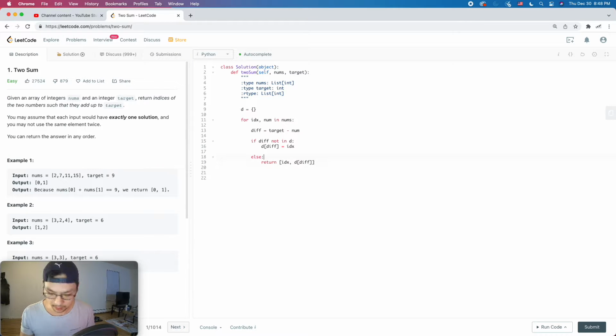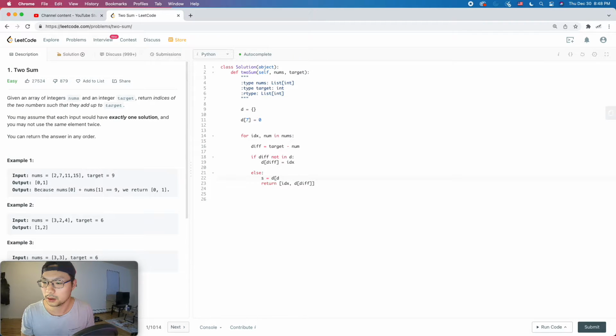For example, the difference between 9 and 2 is 7, so we're going to have, okay, the difference and the index, right? And we're going to say else, let's say the S representing the sum would be the difference if it's in there.